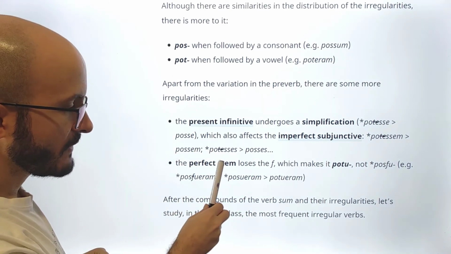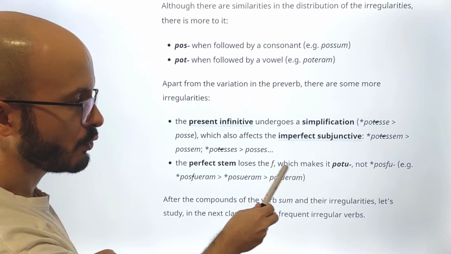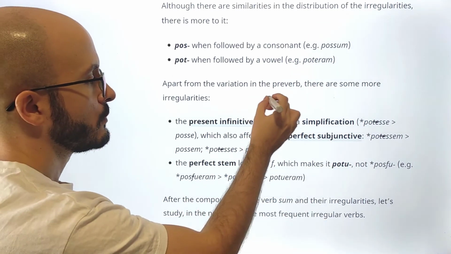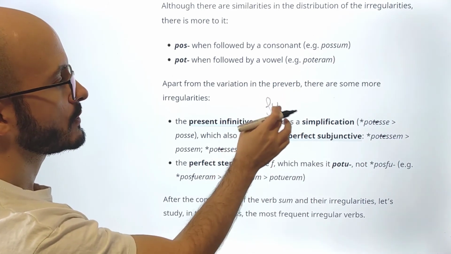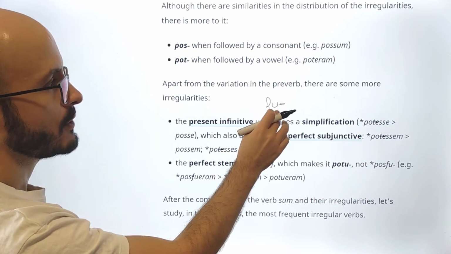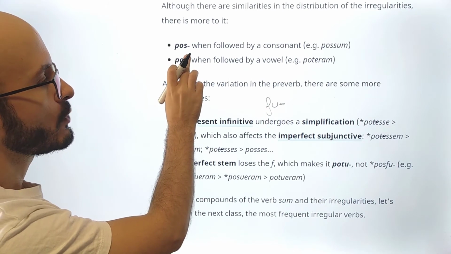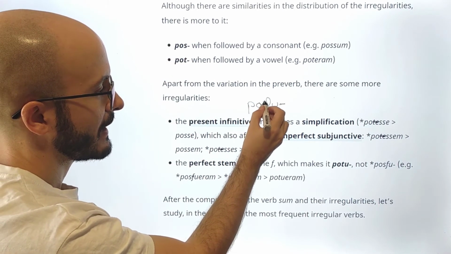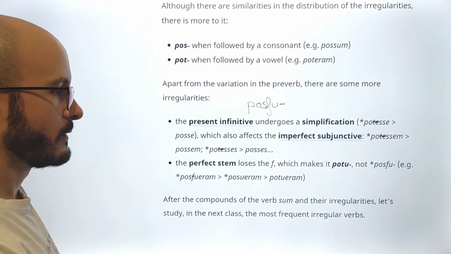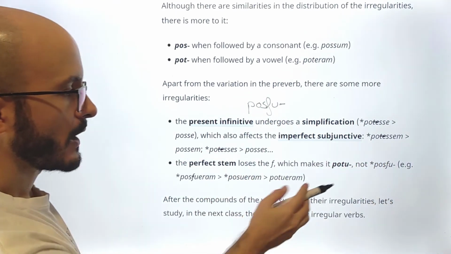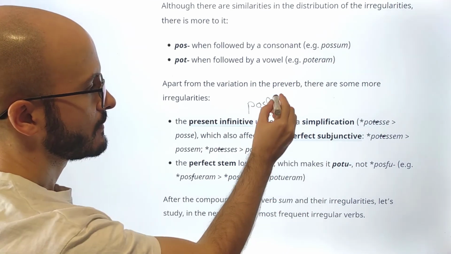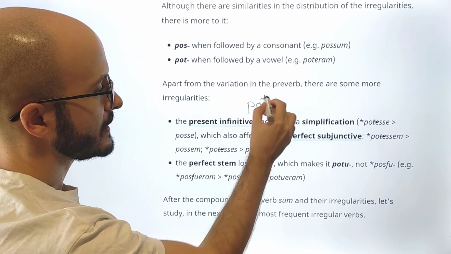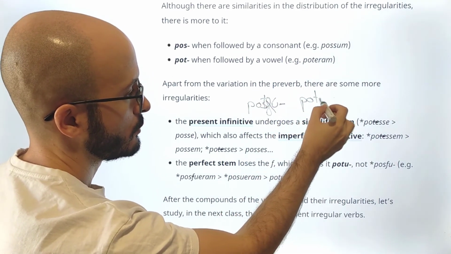And then, the perfect stem loses the F, which makes it potu. Okay, because it would be fu, and according to this would be the perfect stem, no? And according to this, we would have the form pos. So we would have something like posfu, whatever, no? But no, we lose the F, so now we have a vowel, so it would be T. So potu.